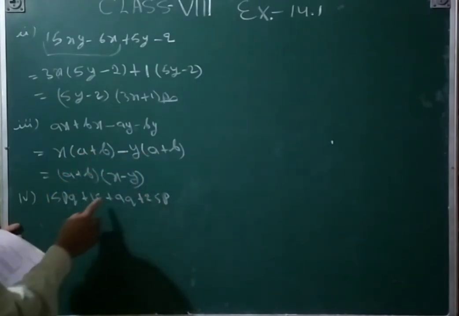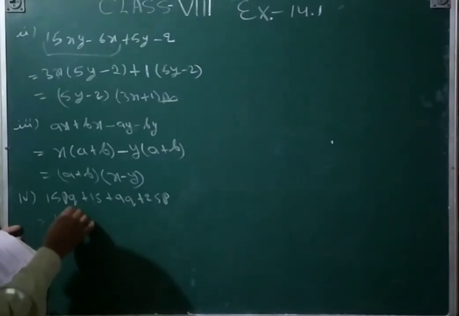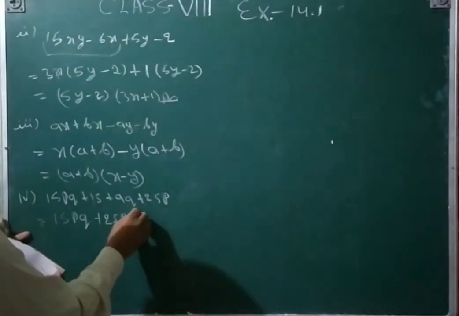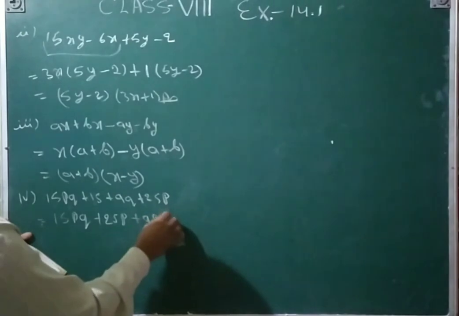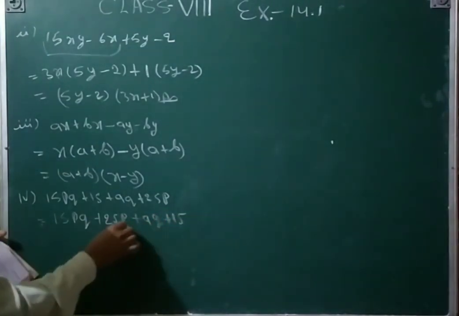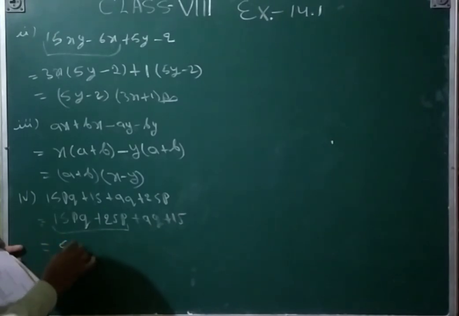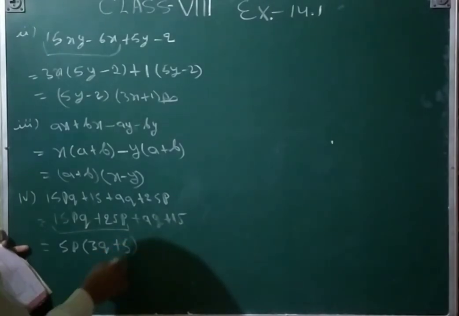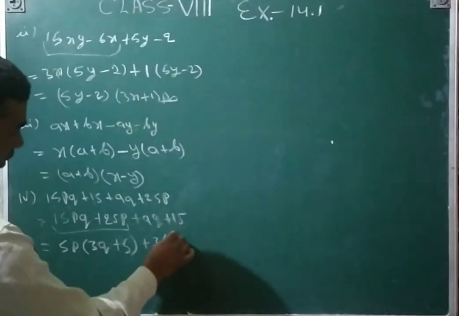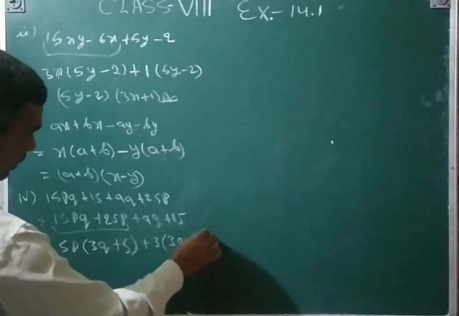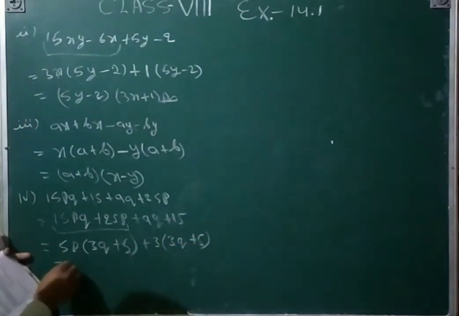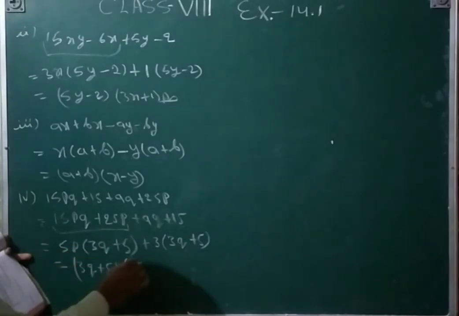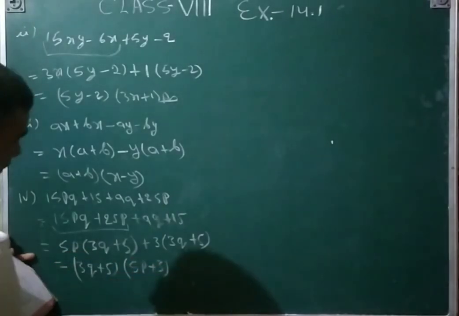So we can take this one to this side: 15pq plus 25p and then plus 9q plus 15. In these two we can take the common 5p. So 5 3s are 15, left will be q plus, 5 5s are 25. And here we will take 3 common: 3 3s are 9, q plus, 3 5s are 15. Now you are looking both brackets are same, so again the common 3q plus 5, and then left is 5p plus 3.